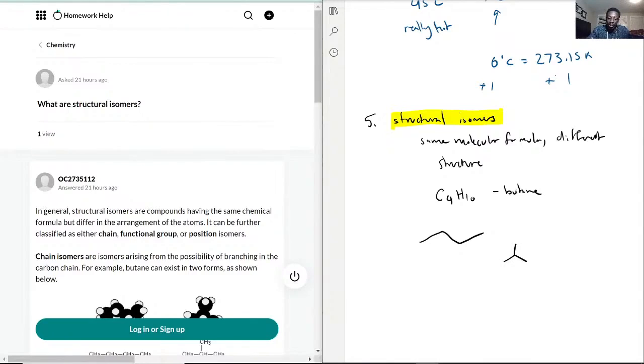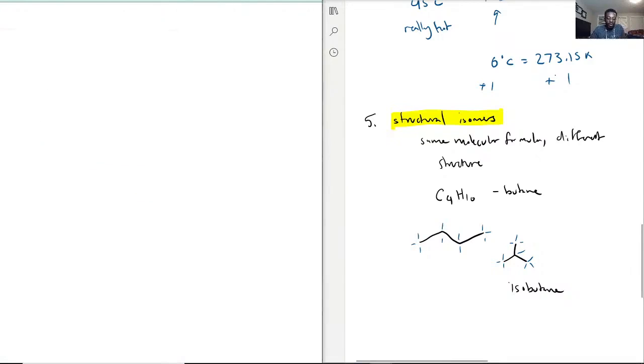And you notice that if you count the hydrogens, 1, 2, 3, 4, 5, 6, 7, 8, 9, 10, and again 1 through 10, both of these are still C4H10, but this one here is called isobutane.